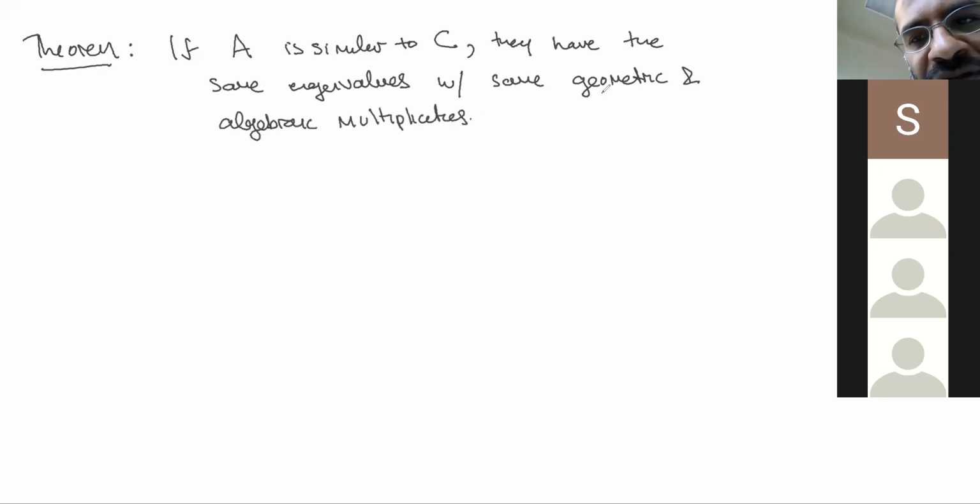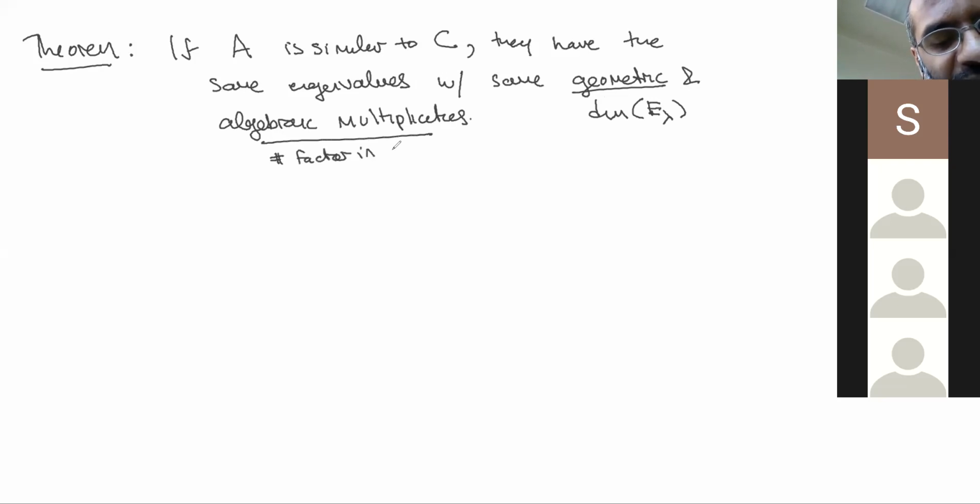The geometric multiplicity, remember, means the dimension of the eigenspaces corresponding to these eigenvalues. Algebraic multiplicity means the number of times it appears as a factor in the characteristic polynomial. Okay, so similarity preserves all of these properties.